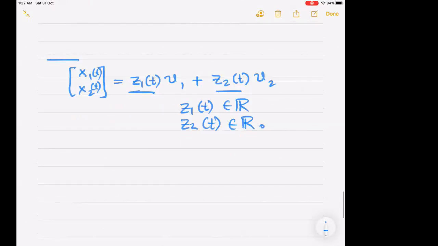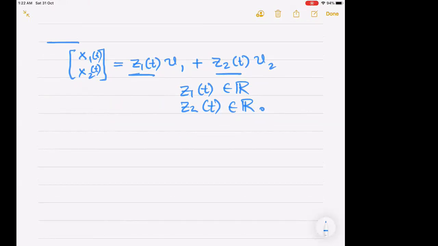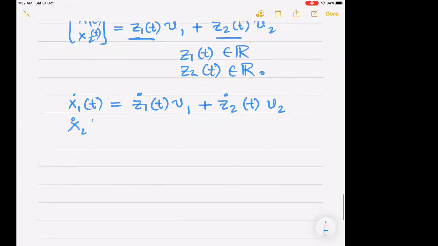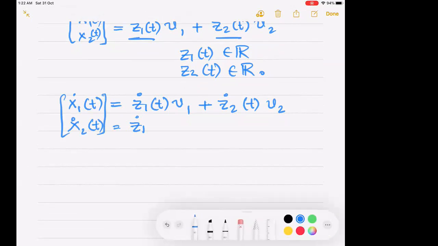What happens when I take the derivative? Well, I have x1 dot to be equal to z1 dot, that's the only function of time. v1 is not a function of time, so it remains as it is, and z2 dot(t) times v2.